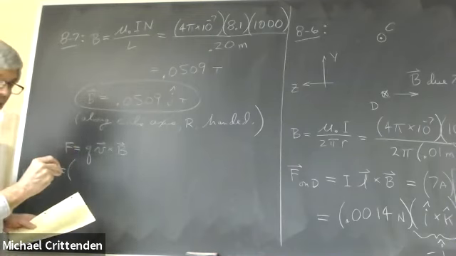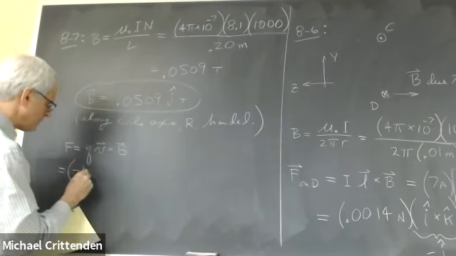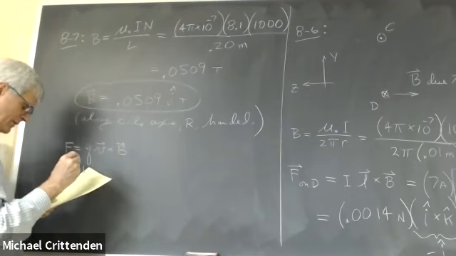An electron has a charge of negative. Don't forget the minus sign or you'll end up reversing the direction of your answer.